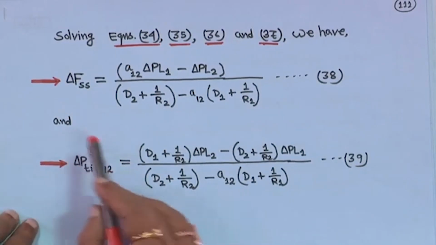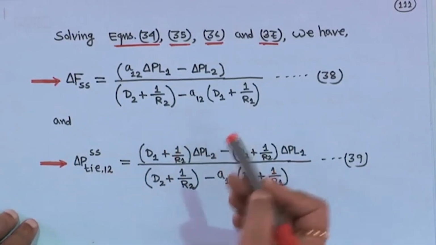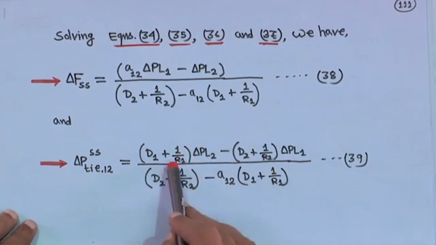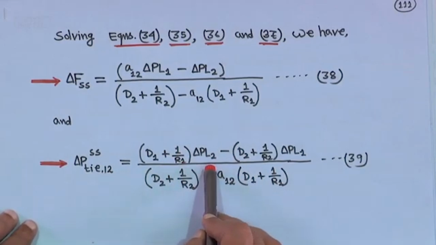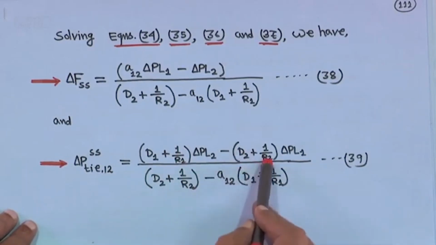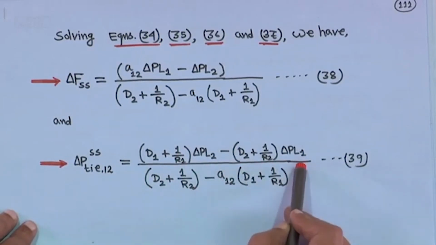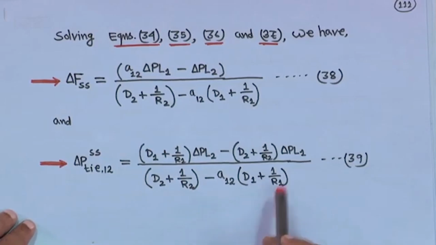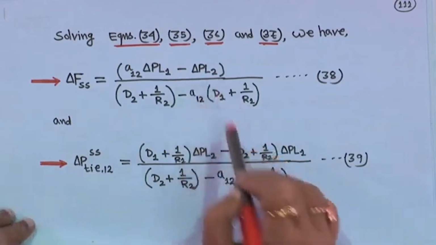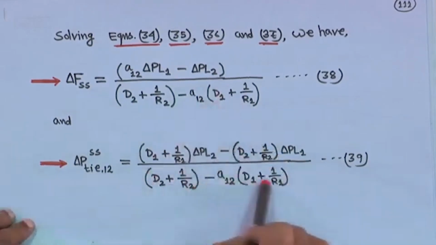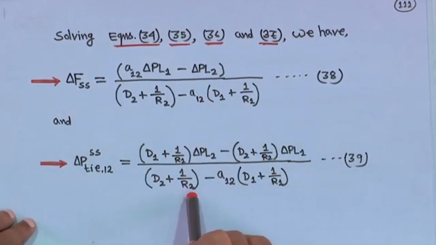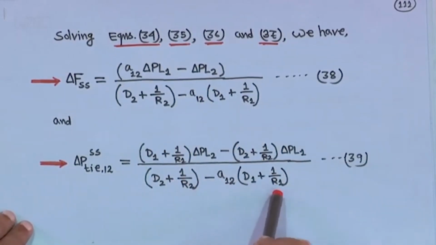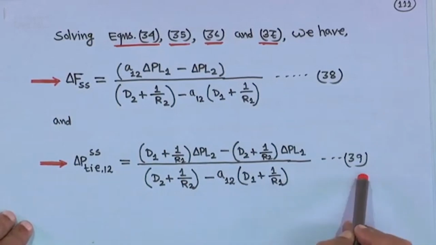And delta P tie 1 to 2 SS, after solving those two equations, you will get D1 plus 1 upon R1 into delta PL2 minus D2 plus 1 upon R2 into delta PL1, divided by D2 plus 1 upon R2 minus A12 into D1 plus 1 upon R1. So numerators are different, but the denominator is the same in both cases. This is equation 39.